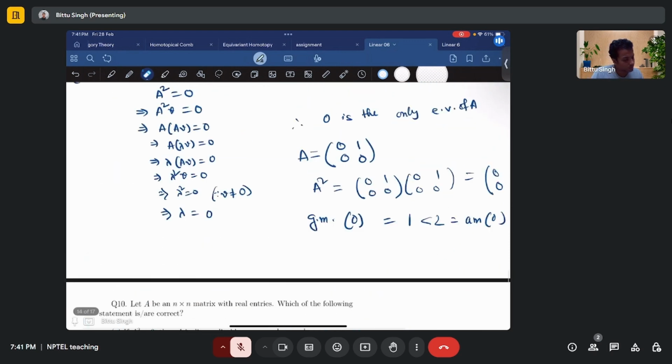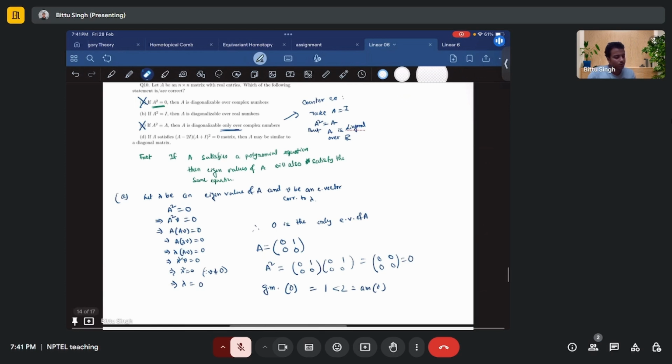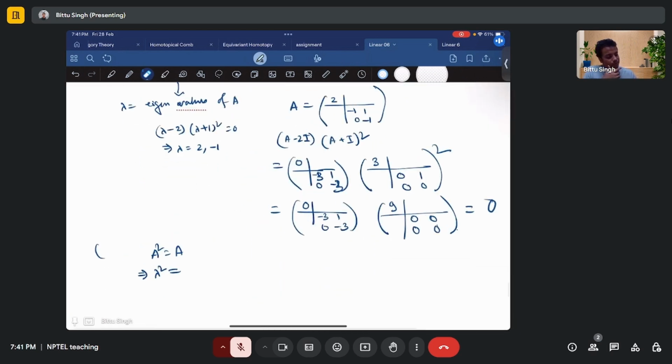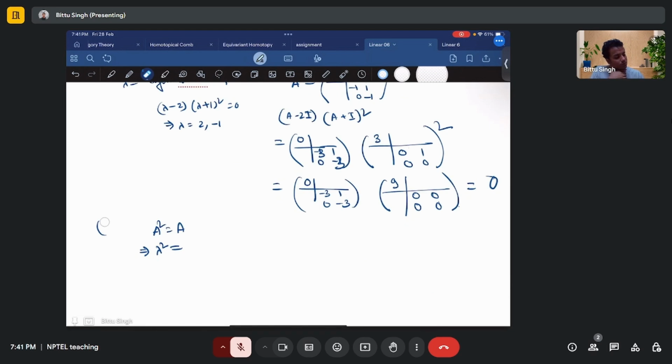C is also false, right? A is checked, C is also false, D is false. Now option B, A² equal to I. So lambda² equal to 1. From here it is clear lambda will be plus minus 1.